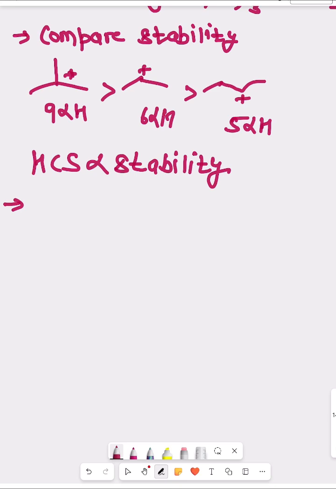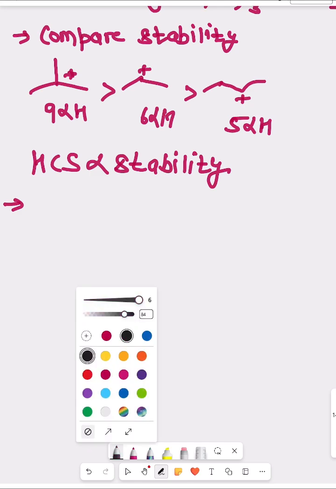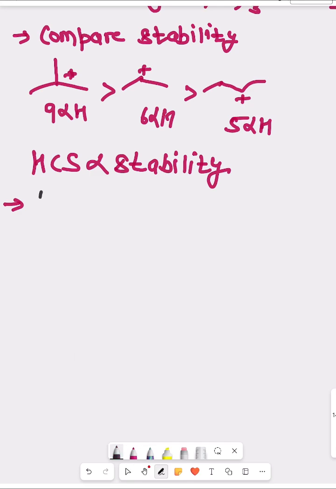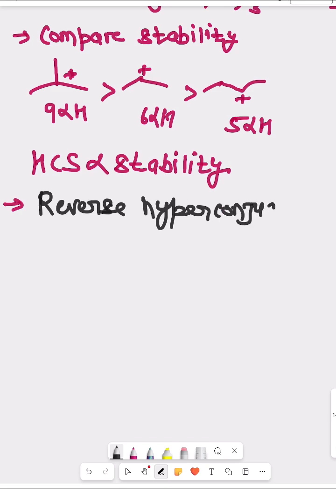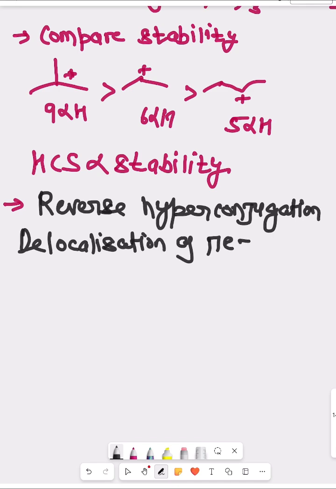There is a term called reverse hyperconjugation. No one will ask you questions from this, but you should know what reverse hyperconjugation is. Reverse hyperconjugation is the delocalization of pi electrons to a vacant orbital.